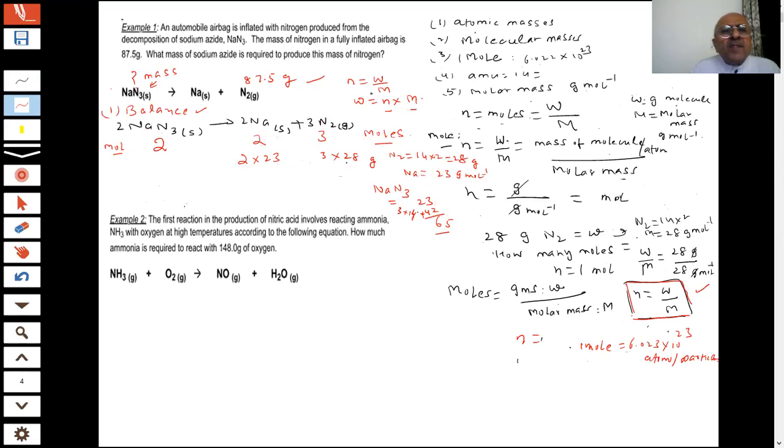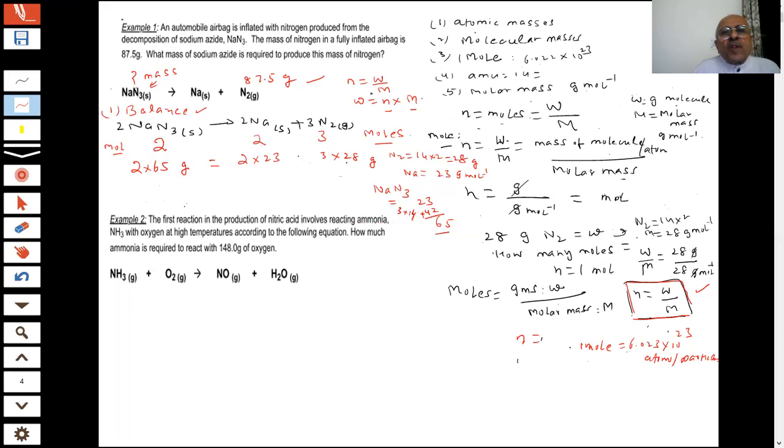Am I right? One sodium is 23, one nitrogen is 14, 14 into 3, 42. That is 65, and there are two of these. So 2 into 65 grams.